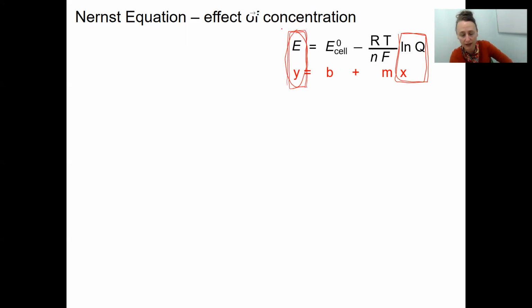So if you were running an experiment, you could try different concentrations and measure the potential and then graph it to determine more about the reaction. So the y-intercept should give you the standard cell potential. And then the slope is going to be related to the number of electrons. So the slope is going to be negative, and then you can use the slope to determine that value.